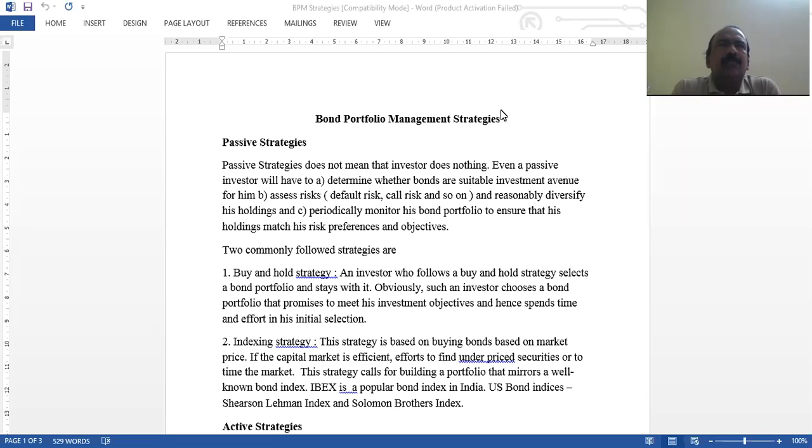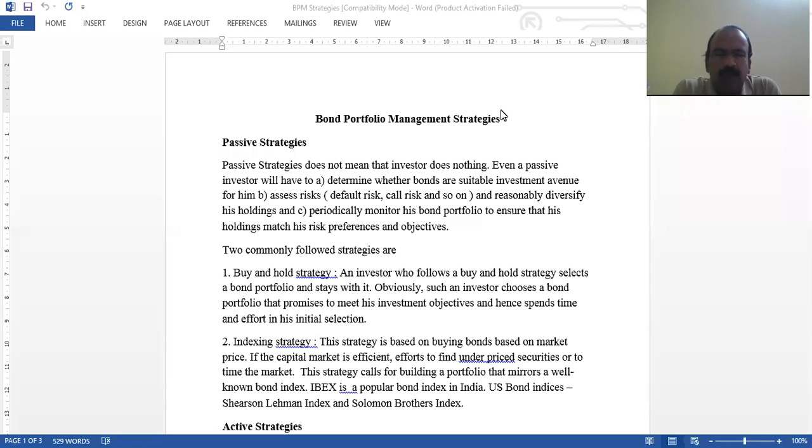Bond indices are not that common in India, as we have stock indices, Sensex and Nifty. So based on market movement, you can buy the bonds and hold the bonds. This strategy is based on buying bonds based on market price. We always assume that the capital market is highly efficient, so there is no effort to find underpriced securities or to time the market. This indexing strategy calls for building a portfolio that mirrors a well-known bond index.